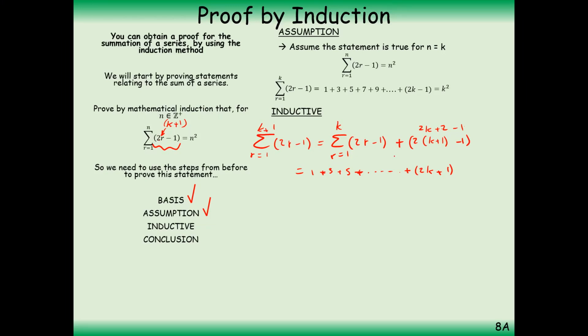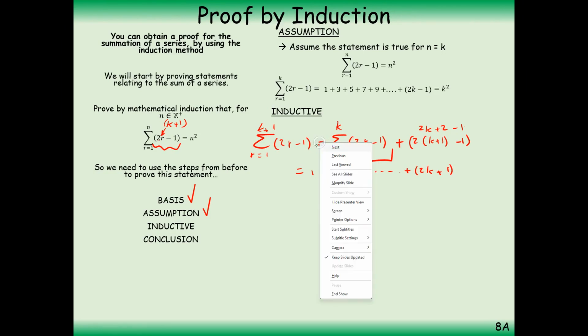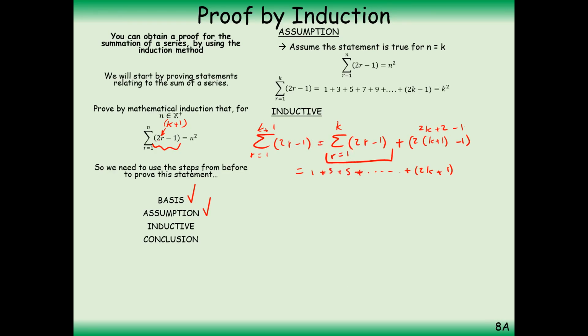Everything up to k, we can replace. If we go back and look above, we made the assumption that this summation is equal to k squared.